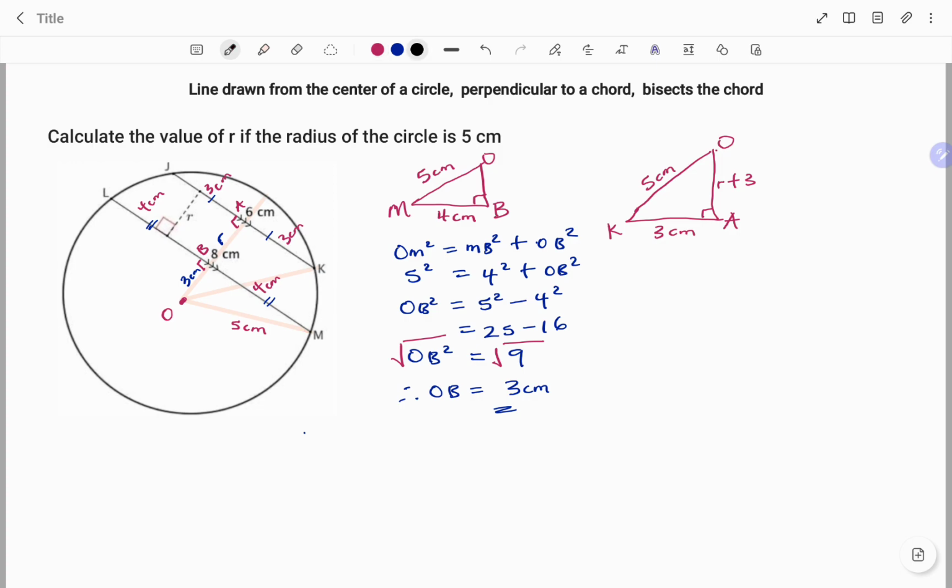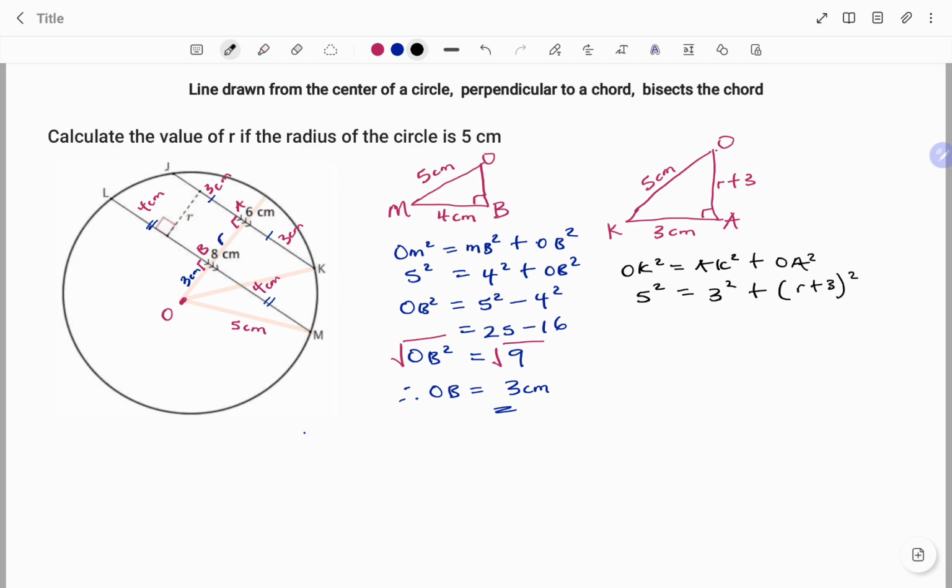To find R, I'm going to use the Pythagoras theorem, which states that OK squared is equal to AK squared plus OA squared. OK has been given as 5, so I have 5 squared equals AK squared, that's 3 squared, plus OA, that's R plus 3, all squared.